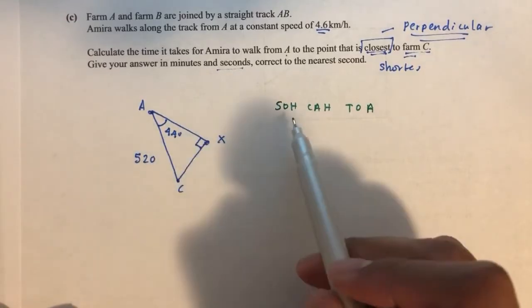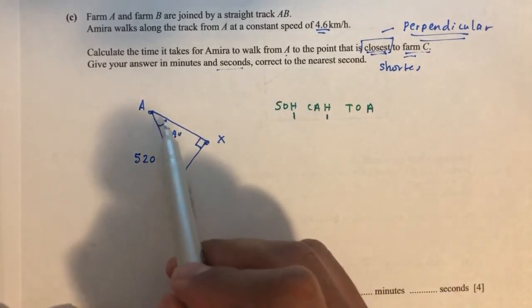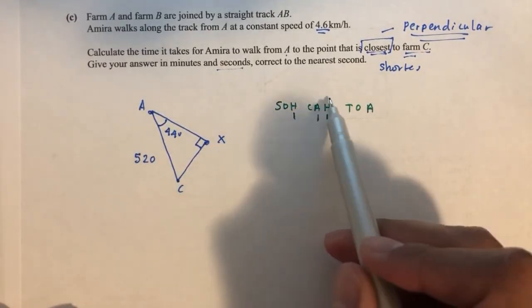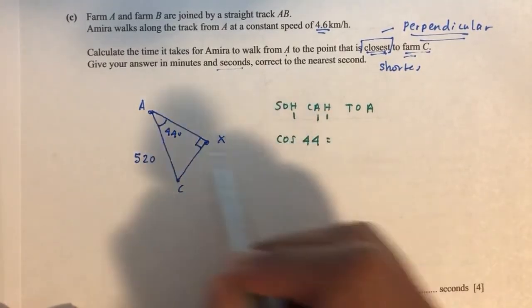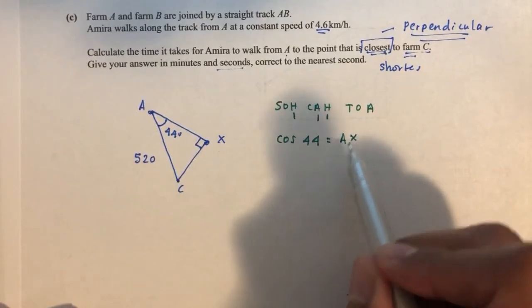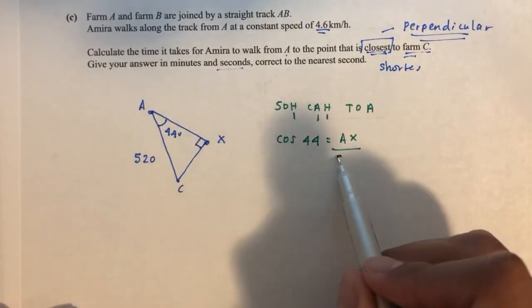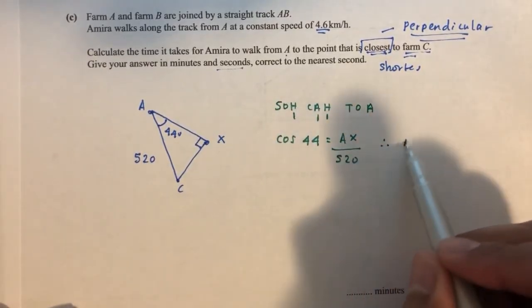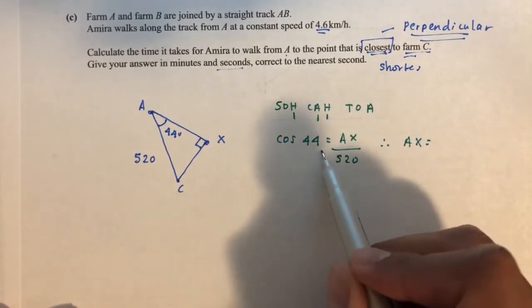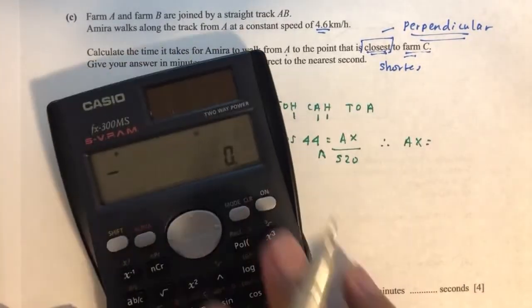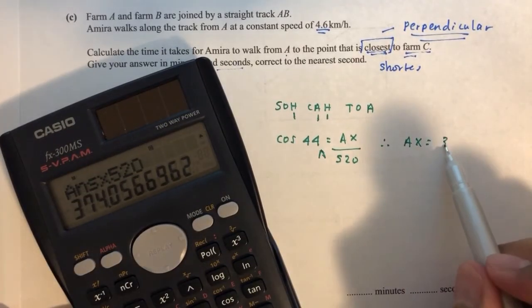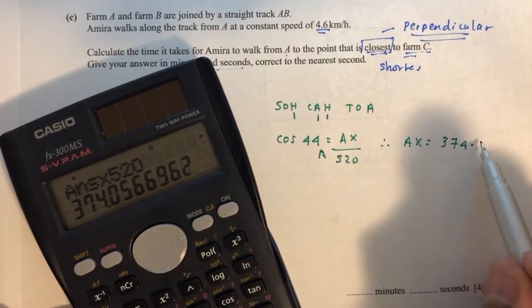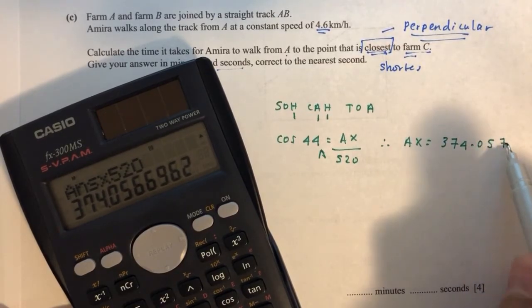We know the hypotenuse, and we're trying to find the adjacent side, which means we have to use cosine. So cos of 44 degrees is equal to AX over 520. AX will be this times this. Cos of 44 times 520 will be 374.057.